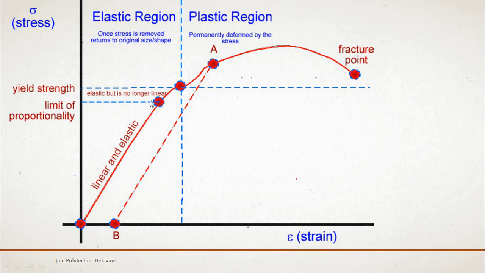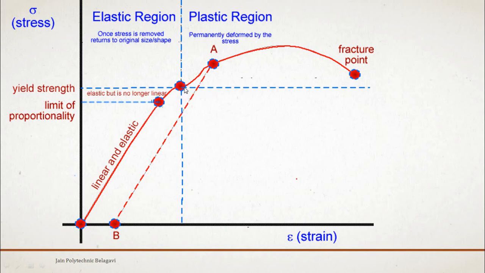Then you may find here the bar may be elastic but no longer linear, in the sense the curve is not going to be a straight line from this proportionality limit further and further.